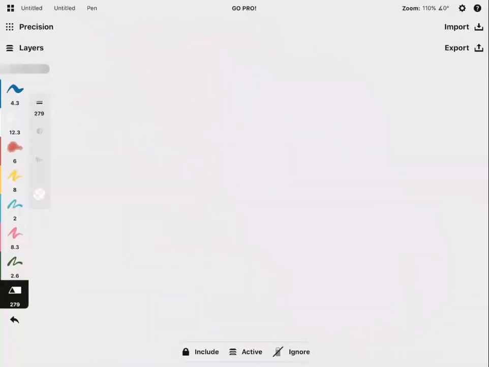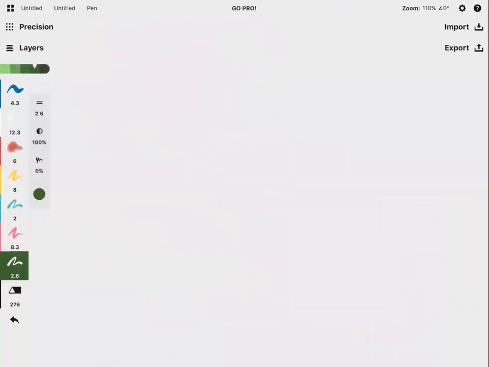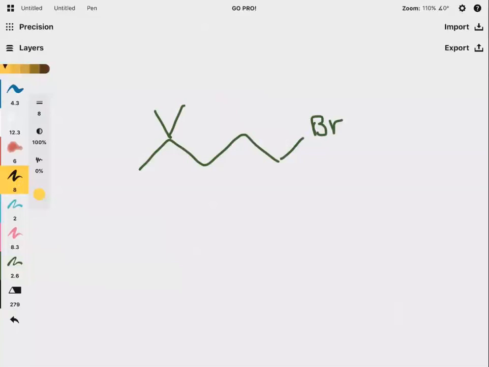Okay, let's switch it up a bit. What if I had this? So what's the longest chain here? Hopefully you were able to identify that the longest chain is still a pentane, right? So we can say that this is carbon 1 or that, then carbon 2, 3, 4, and 5.